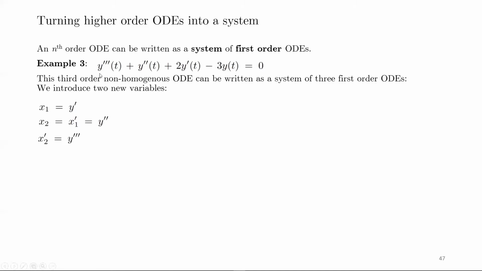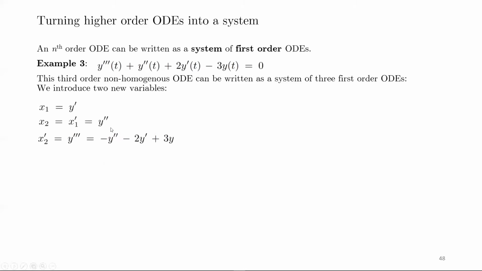And now, of course, I can use my original ODE to find an expression for y triple prime. So if I rearrange this original ODE, I find y triple prime is equal to negative y double prime, negative 2 times y prime, plus 3 times y. So this is just the definition of this third derivative of y from the original ODE.